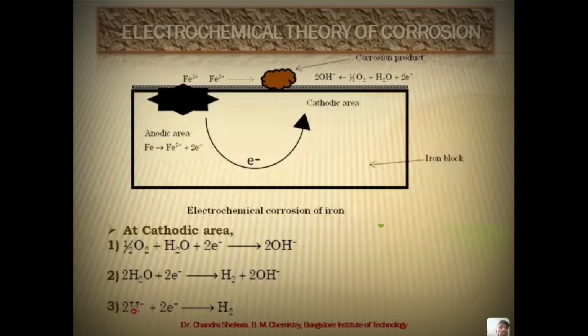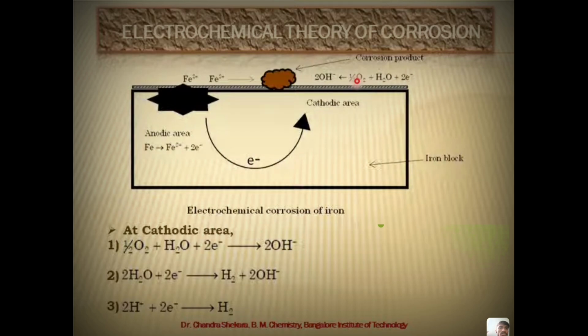But the chemical species which are present on the surface of the metal get reduced. Therefore, there are three possible cathodic reactions depending upon the chemical species present on the surface of the metal. Normally, when the metal is exposed to normal environment, oxygen and moisture present on the surface of the metal get reduced to OH-.